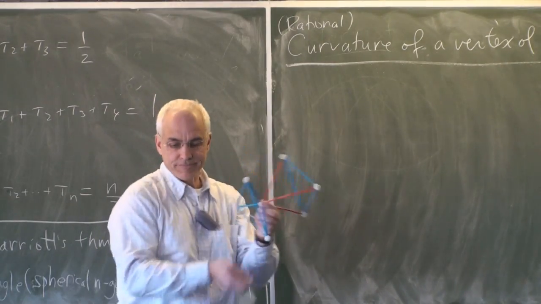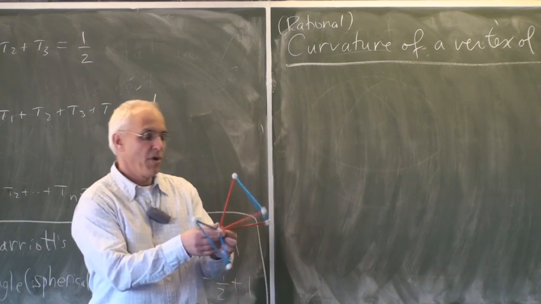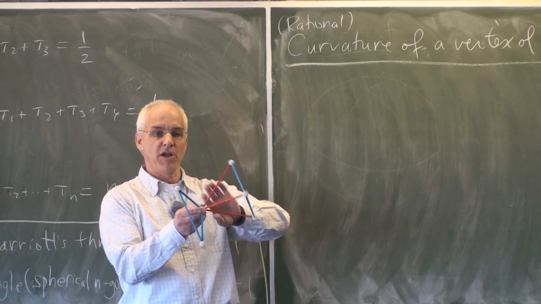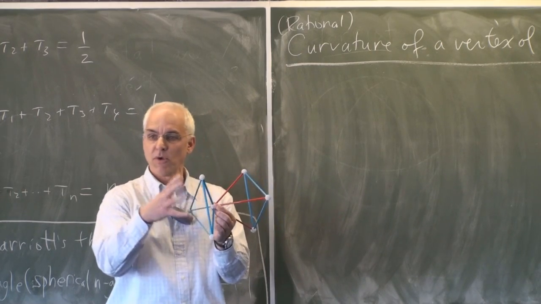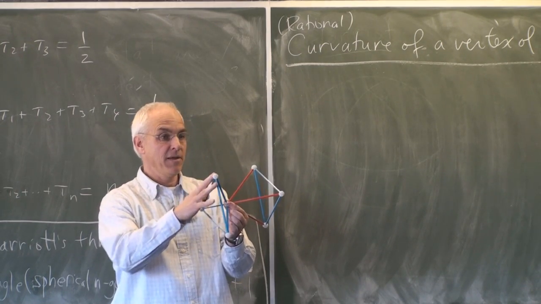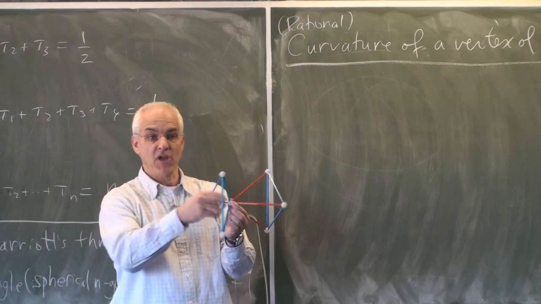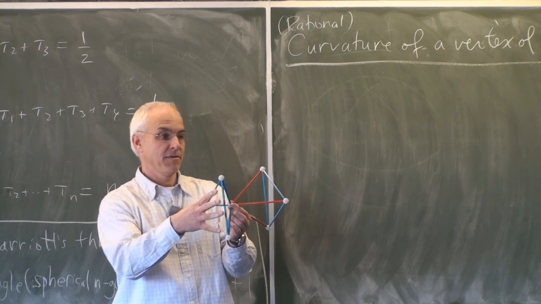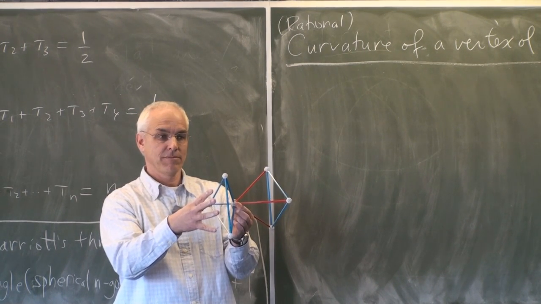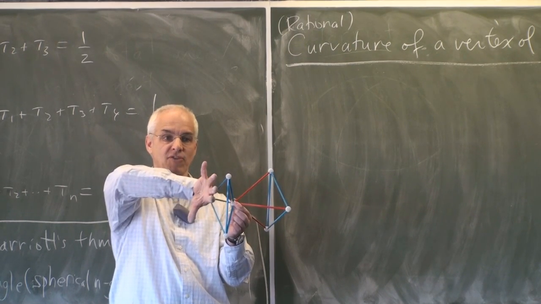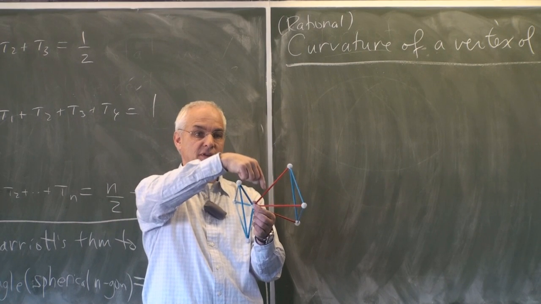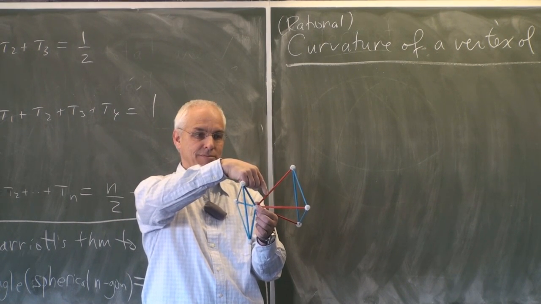Okay, so we're interested in how curved this polytope is at this vertex. How sharp is it? Okay, and what we're going to do is define it to be the solid turn angle of the opposite cone. So the bigger this opposite cone is, the more curved this is.